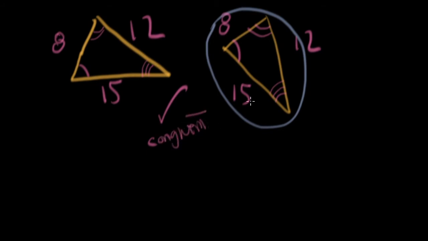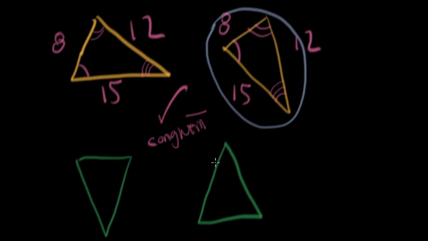Congruent. But where do teachers try and trick you now? Well, this is how teachers trick you. They do the following. They draw one, and then they do another one. So these are like my little pizza shapes. Don't get too hungry. And then they add in some markers like this. And what you need to do as a discerning young student is to figure out, is this actually congruent?